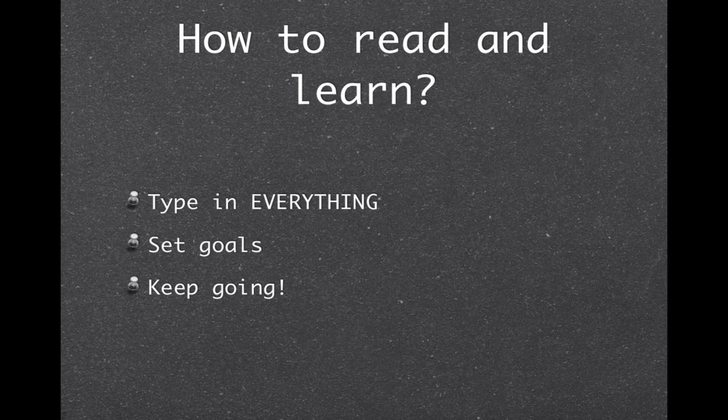It doesn't have to be much, but just set yourself goals so you can read a little bit every day or every other day, because it makes the learning go more smoothly. And don't set yourself goals that you can't achieve, because then you'll feel like you're failing. Set yourself goals that you know you can achieve, and maybe you can do a bit more. That's how I got through it, and I think that's good advice. And obviously, keep going.